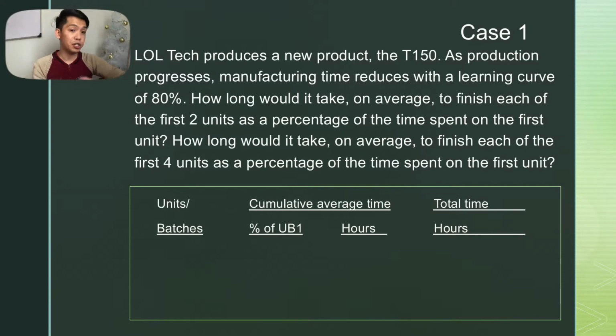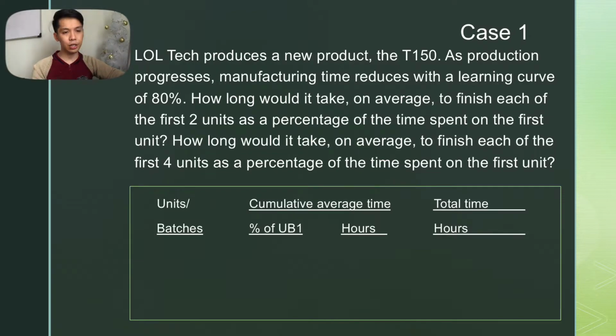Then the second question is similar, but rather than the first 2, we're going to look for the average of the first 4. We are not looking for the additional time needed in order to produce the second unit, the third, and the fourth units. What is asked is basically just the average of the first 2 units and then the first 4 units.